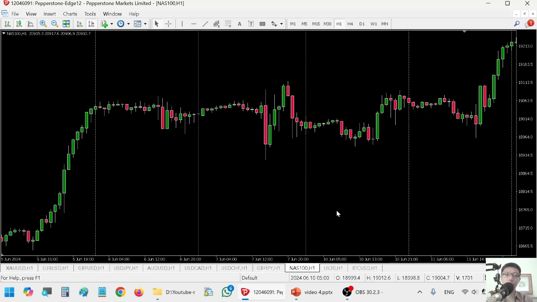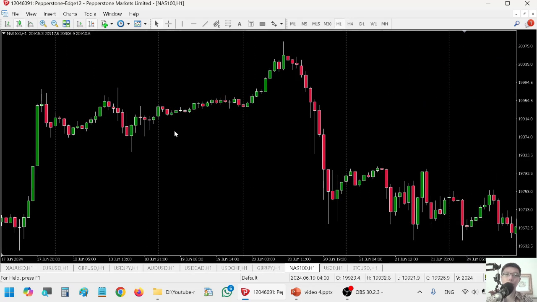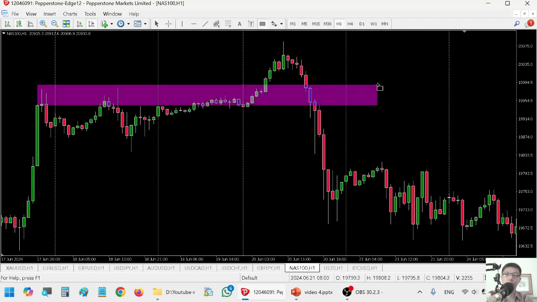Now let's see Nasdaq. Okay, this is a very good example. After this big bullish candle, price goes sideways, like here. Just goes around this resistance area, and this is also a manipulation.